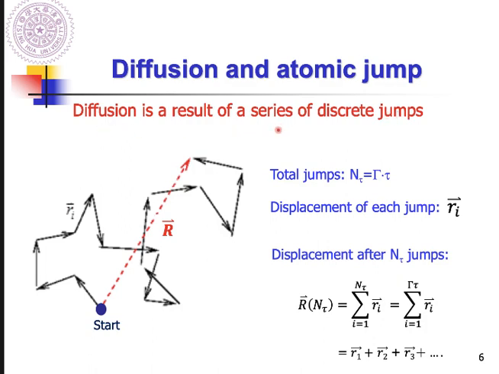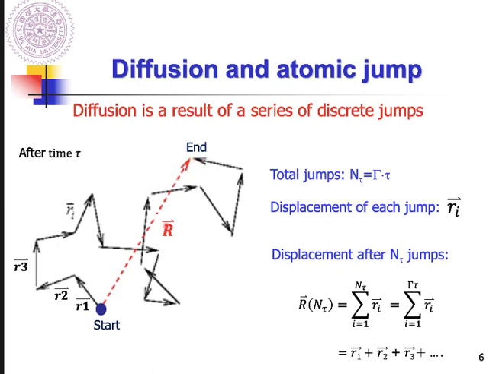So if the blue atom starts from here before diffusion, and when diffusion happens, this atom is going to make jumps, small r vectors: small r1, r2, r3, and after time tau it arrives at this location.